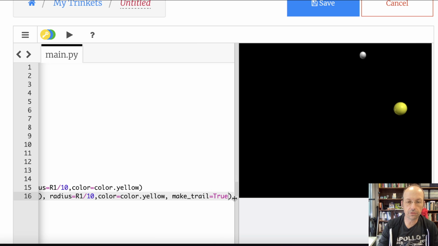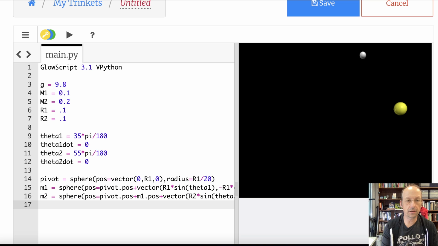I want to make the two strings. So let's call this S1, the string from the pivot to mass 1. So it's going to be equal to a cylinder. The position is going to be equal to pivot.pos. So in VPython, a cylinder has two important things. The position is the location of one end of the cylinder, and axis is a vector from that end to the other end.